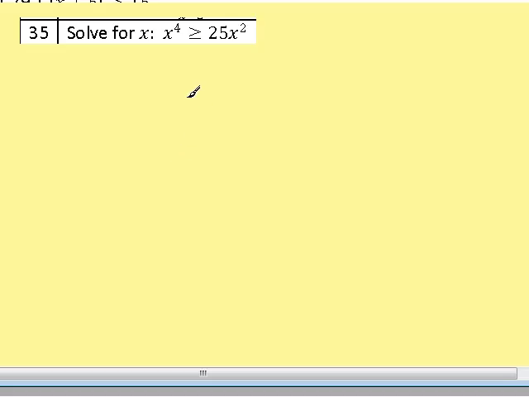All right, let's look at number 35. First, let's make sure that we have 0 on the right-hand side. So before we factor, x to the 4th minus 25 x squared greater than or equal to 0. Okay, now we're ready to factor. Pull out an x squared.